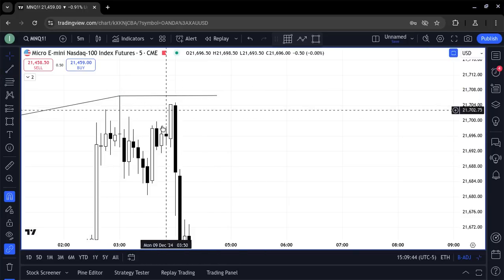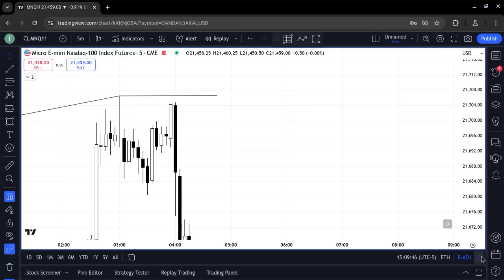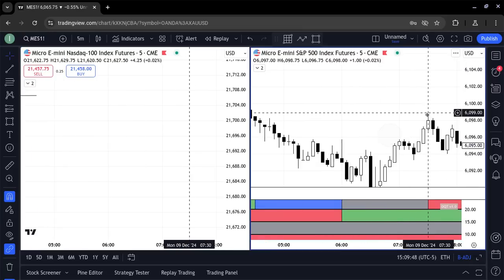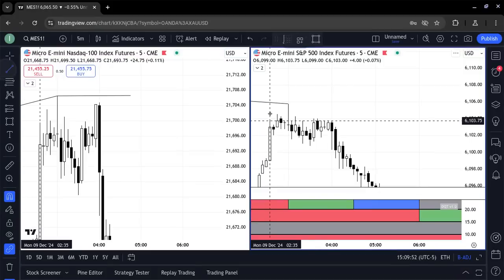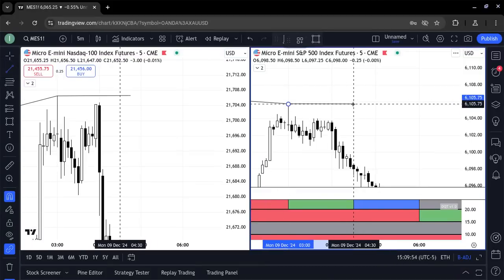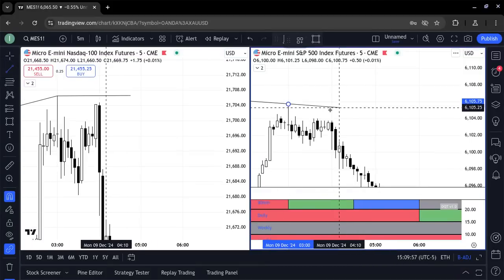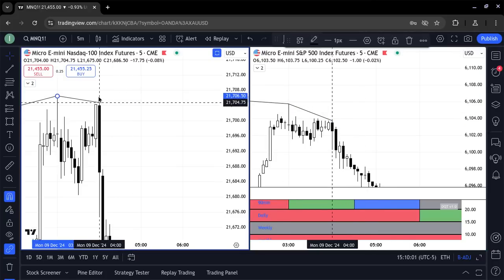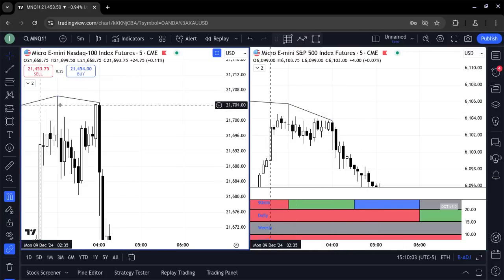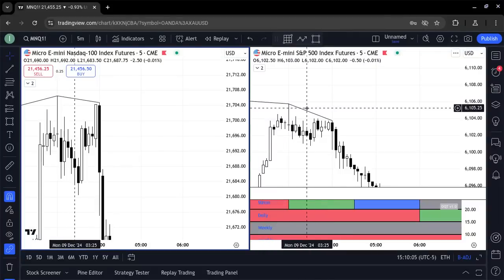But it failed to take out this high, while in S&P as well, it failed to take out this high. So there is no SMT here, right? If you can see, there is literally no SMT here. Let me show you something.